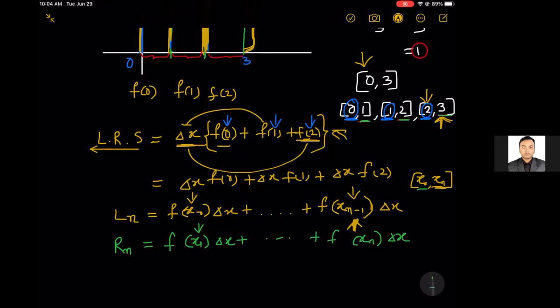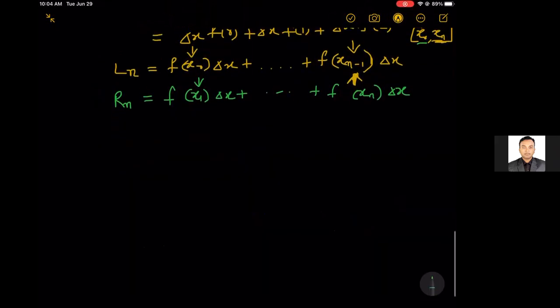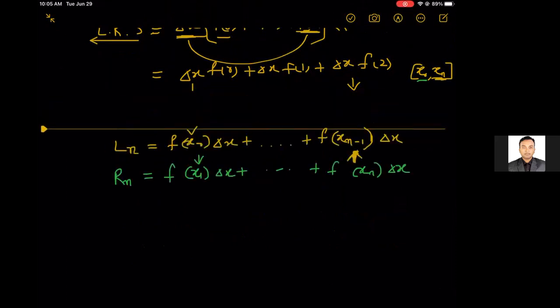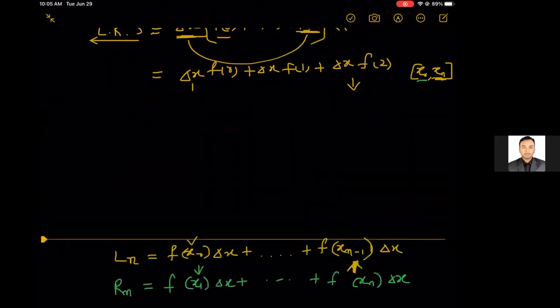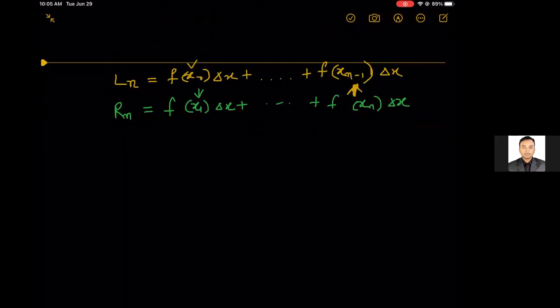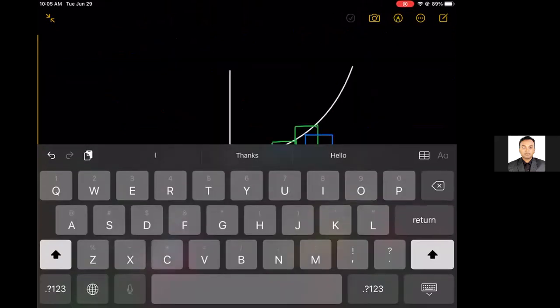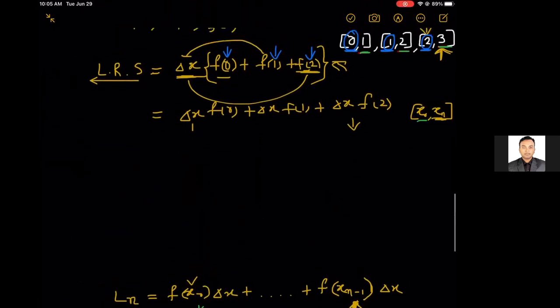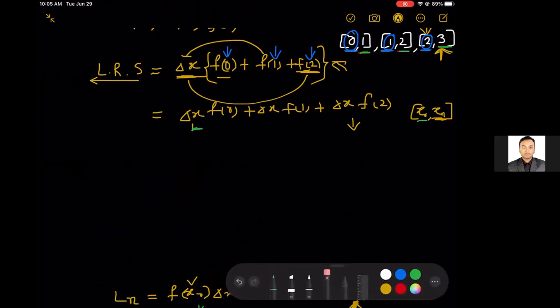Okay. So for this particular problem, let me use the space above. All right.